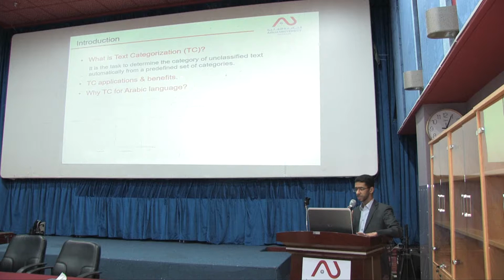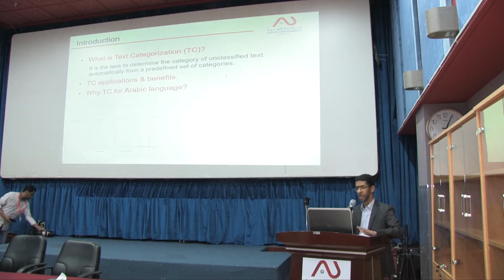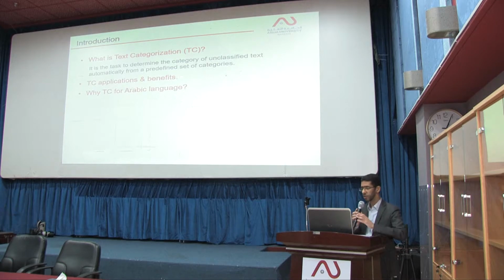Text categorization, as we discussed, is a task to determine the categories of unclassified text from a predefined set of categories. We have a lot of applications for text classification. One of them is topic identification, topic indexing, document filtering, and even metadata organization.